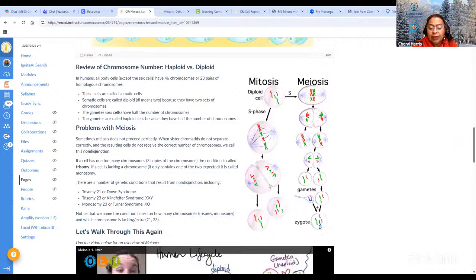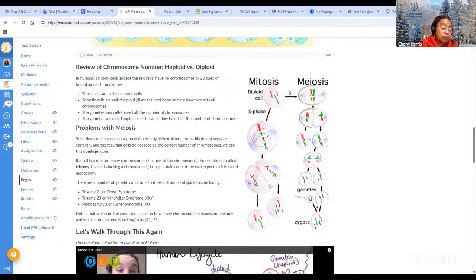This right down here is what happens if you combine one gamete with another gamete, you get a zygote. The only time you get a zygote is if a zygote is a fertilized egg cell. So the egg and the sperm will move on to unite and form a fertilized cell, or a zygote.